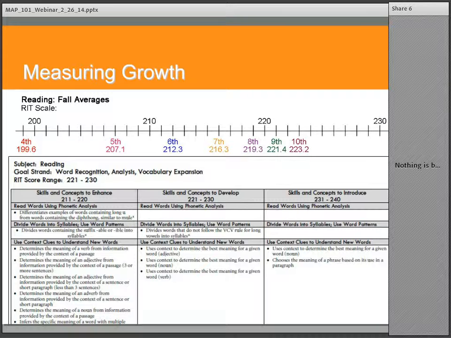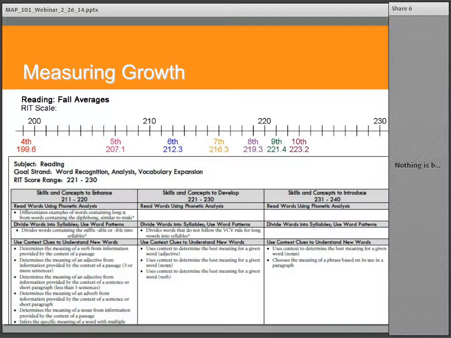Yes. So what we're looking at down here is a page from the Descartes underneath that horizontal RIT scale. As you notice, this student's 10th grade is a 223.2. And the RIT band that's in the middle of this page is from 221 to 230.